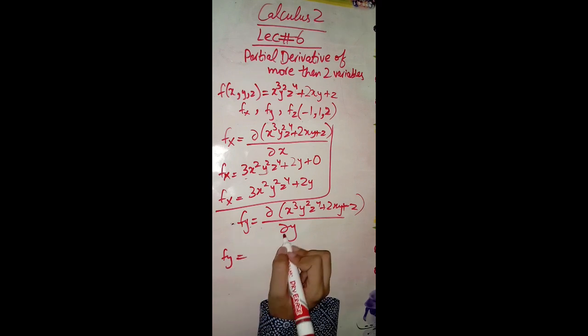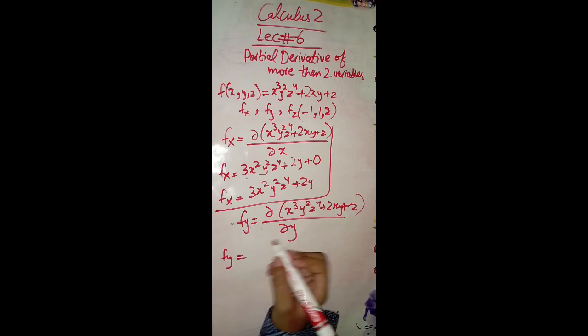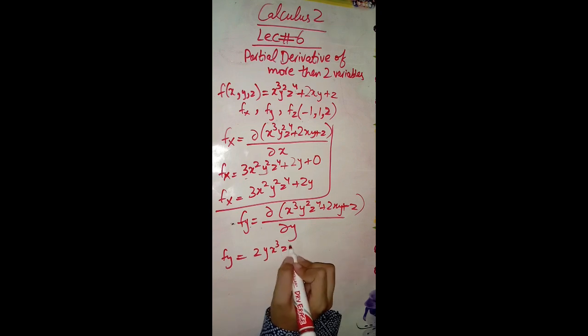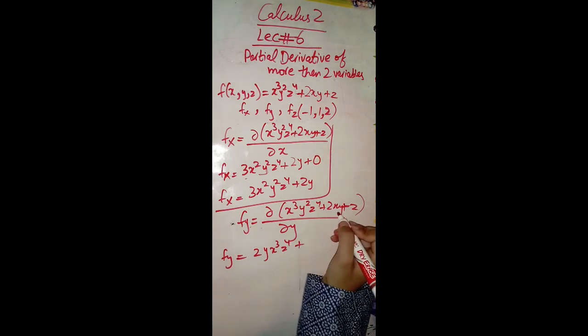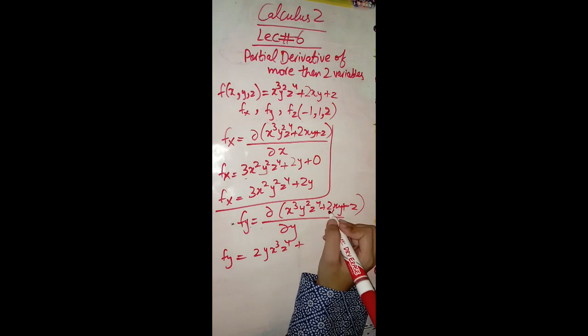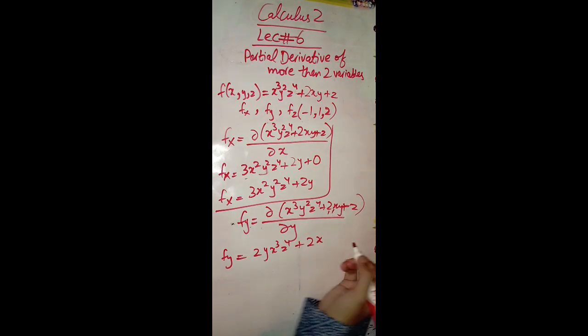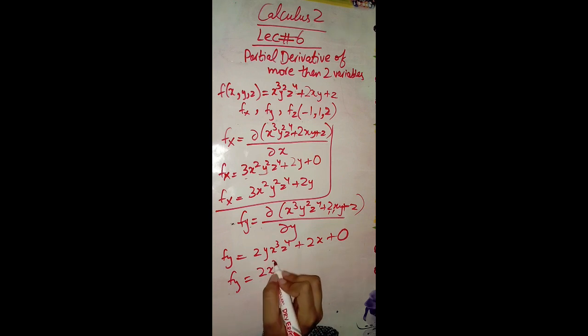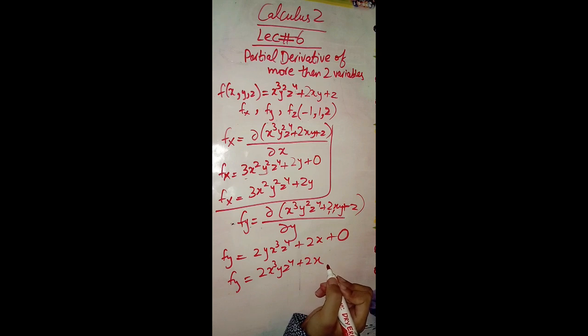So fy is equal to the derivative of y square, which is 2y, times x cube z^4, plus, as x is constant and 2 is constant, they stay outside, and partial of y by partial of y will be 1, and the derivative of a constant is 0. So fy is equal to 2x cube y z^4 plus 2x. This is our answer for fy.